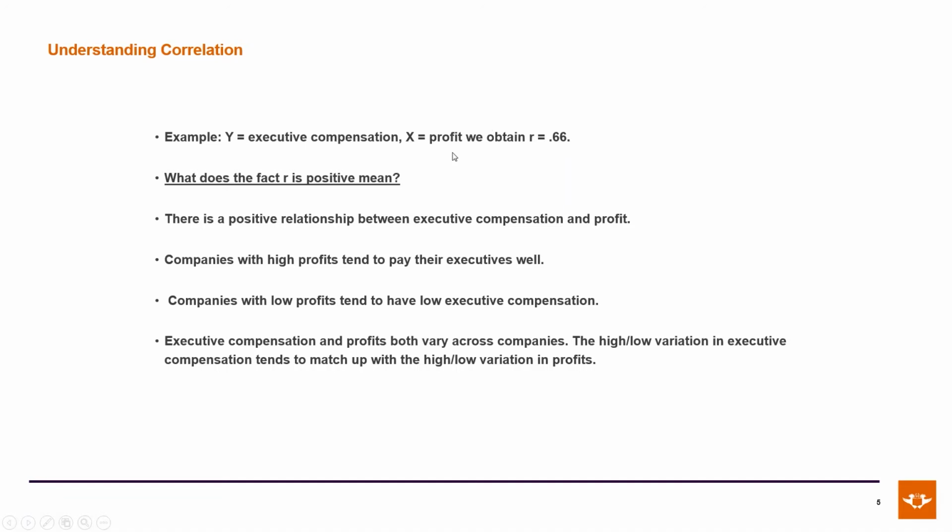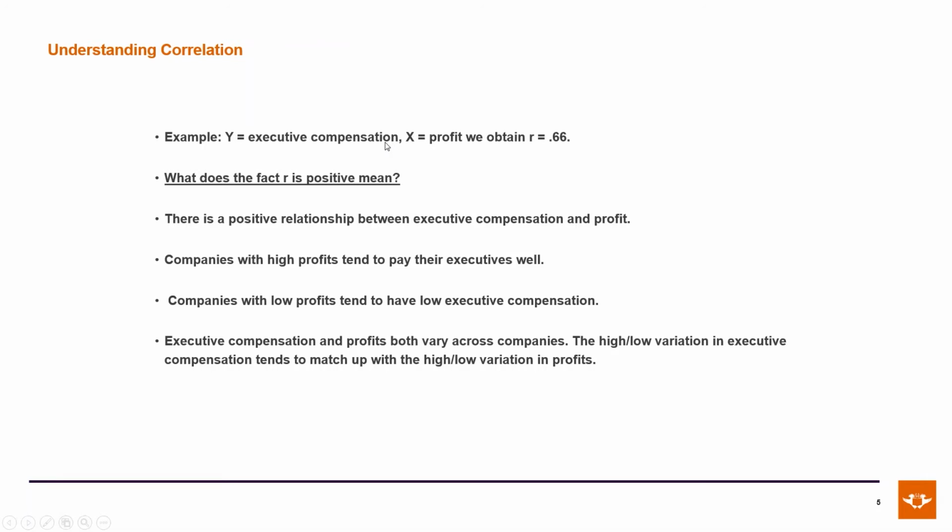So as profit increases, executive compensation increases, and vice versa in actual fact, right? Because it doesn't give you causality, it only shows you a relationship, but we'll get to that. But that is in effect what it means. So companies with higher profits tend to pay their executives better.